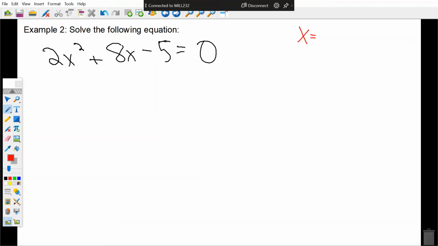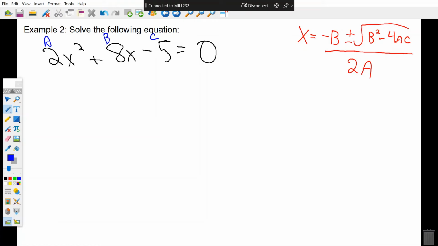on your own first. So x equals negative b plus or minus the square root of b squared minus 4ac divided by 2a. Okay, so here your a is 2, your b is 8, and your c is negative 5.